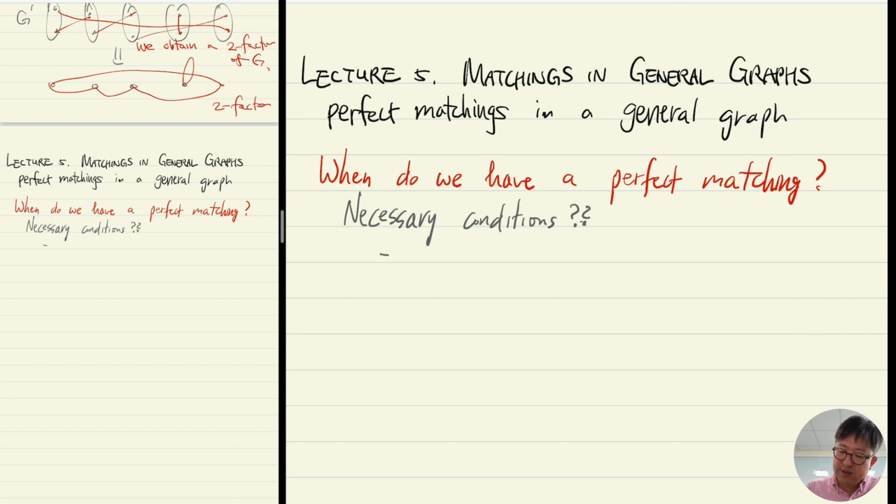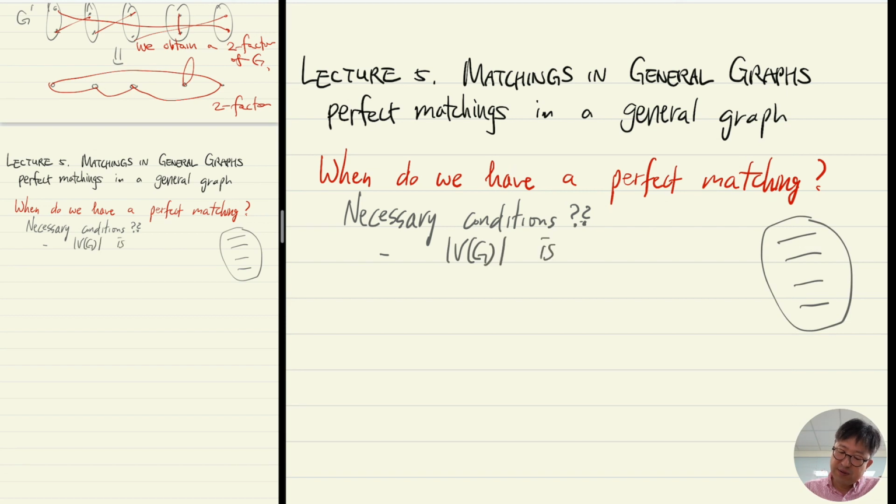For instance, if I have a perfect matching, then the number of vertices of the graph should be even. Of course, right? If you have an odd number of vertices, you can never make a perfect matching. That's true. Anything else?